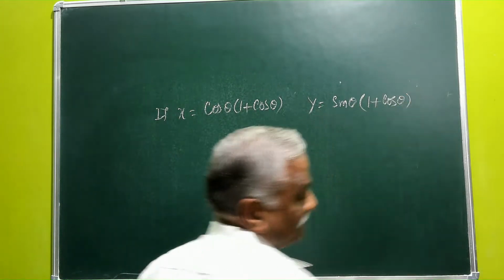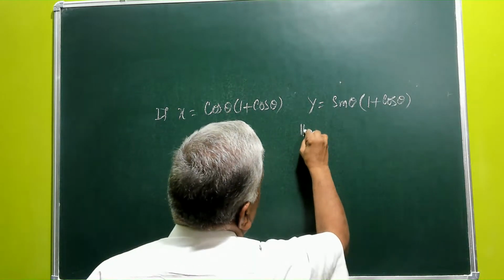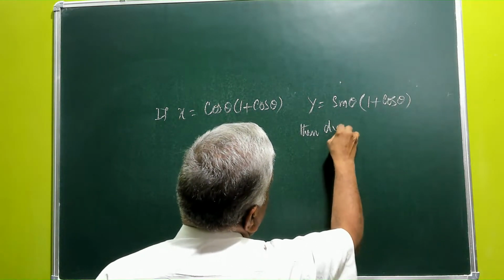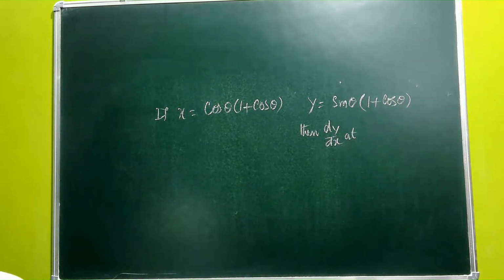Then dy by dx at theta is equal to pi by 2.